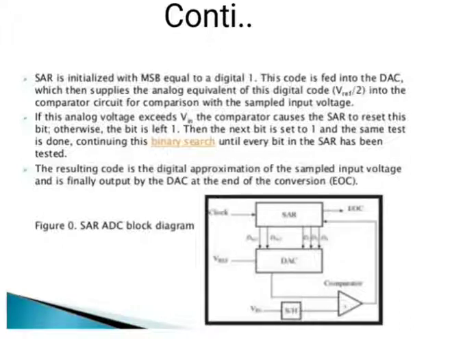These are all the data which is given to the DAC. V reference, that is the reference voltage, is given to the DAC. The output of the DAC is given to the comparator, and another input of the comparator is V in, that is the input voltage through the sample and hold circuit. The output of the comparator is again given to the SAR.